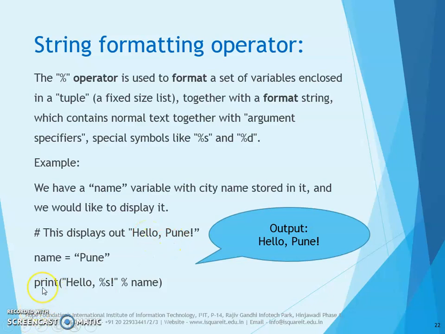Then we can write this print statement as print hello, with the % operator, inside double quotes, and outside the double quotes we write again a % operator, that is we are doing formatting, and the name of the variable is written. Here %s means this is a formatting operator, and s means this is a string. So this string name is picked here and displayed in place of s. So the output will be hello Pune.